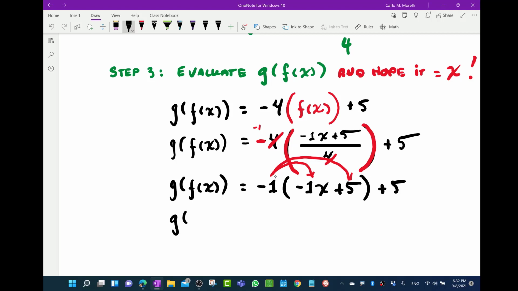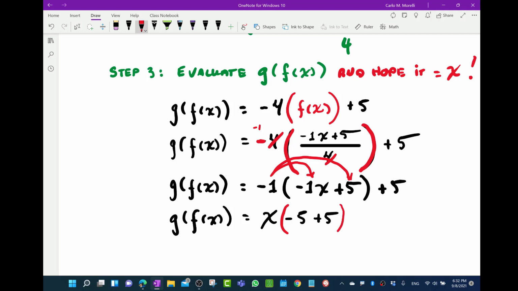So g of f of x equals, we don't need the parentheses anymore. Negative 1 times negative 1 is positive 1, so we don't even really need to write 1x. We can just write x. And then negative 1 times positive 5 is negative 5. And then we don't forget that plus 5. Okay. And now here's the wonderful moment.